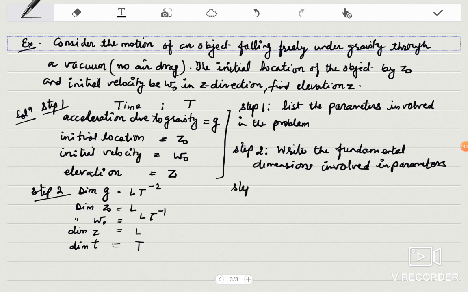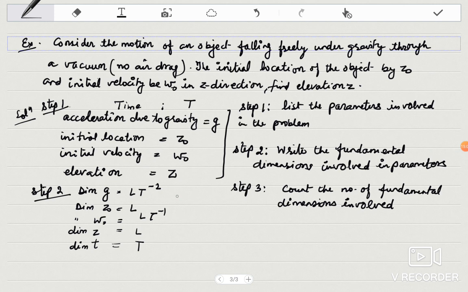Now step 3, count the number of fundamental dimensions involved. Because it was in the statement of Buckingham's pi theorem that if there are n number of variables involved in a problem and if there are m fundamental dimensions.